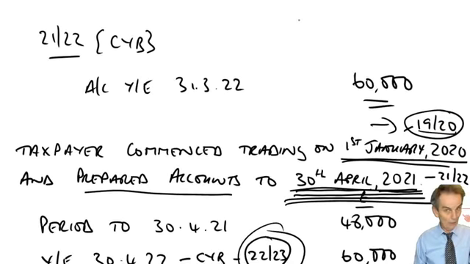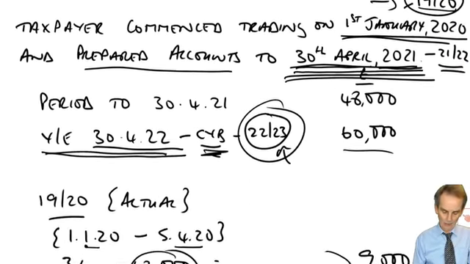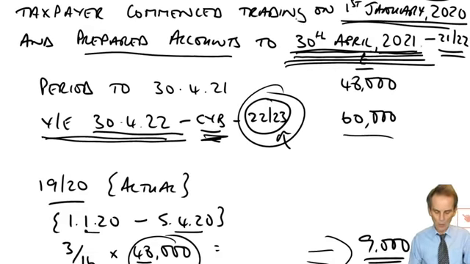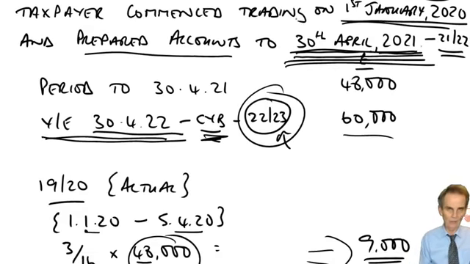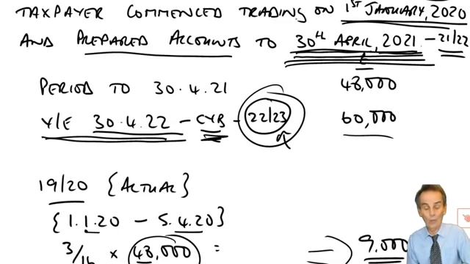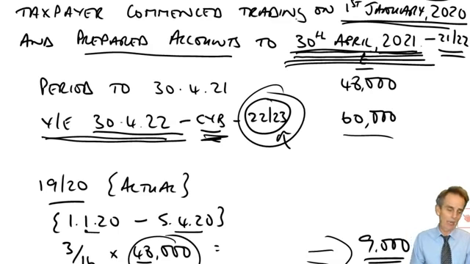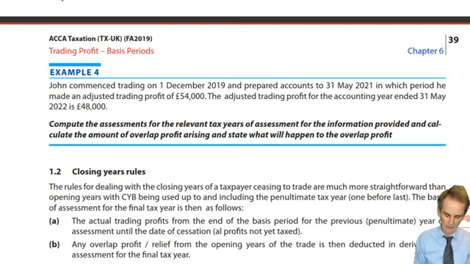One way or another, you should be able to establish the overlap profits, doing what we have done continuously through these exercises, knowing for this tax year, this is the basis of assessment, and this is how we compute that basis of assessment. In this scenario, we should now be able to work our way to any potential scenario presented to us for an opening year's problem. You, of course, need to practice this before we go any further.